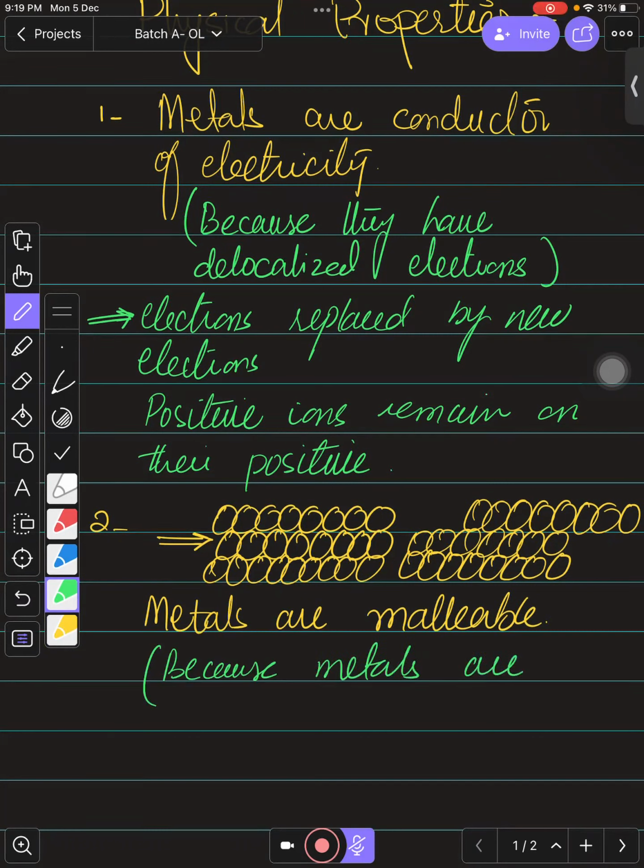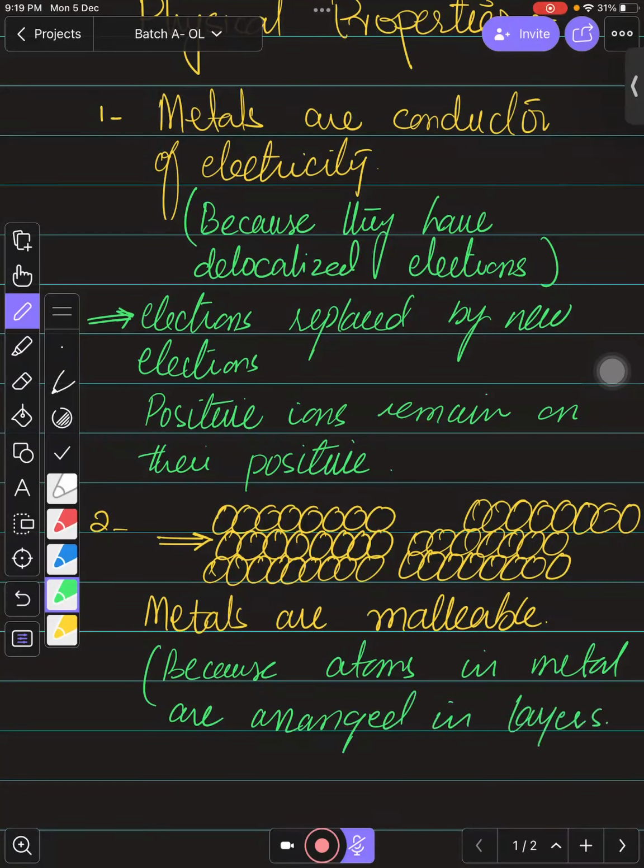the atoms in metals are arranged in layers, right? And layers can slide over each other by the pressure. Is that right, every one of you?